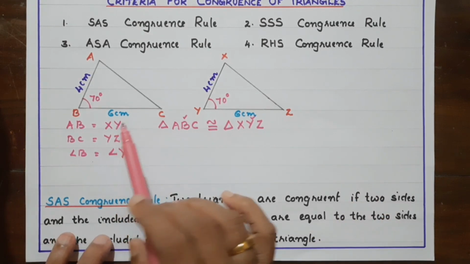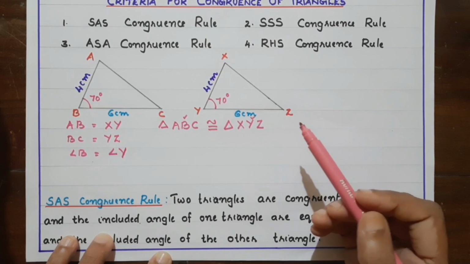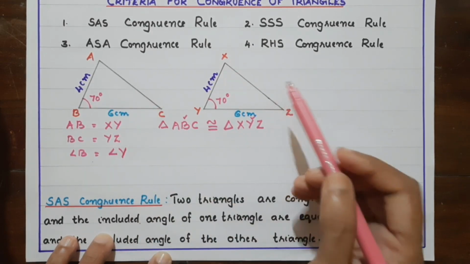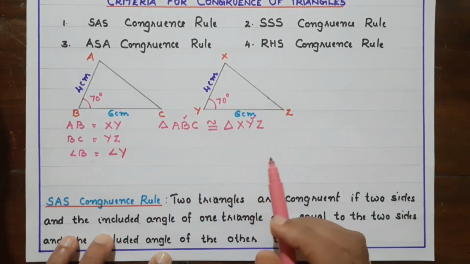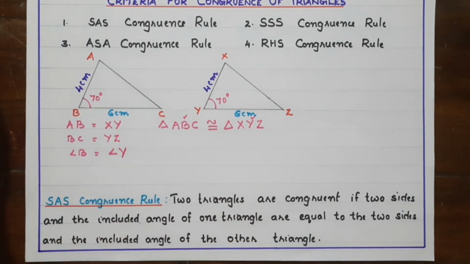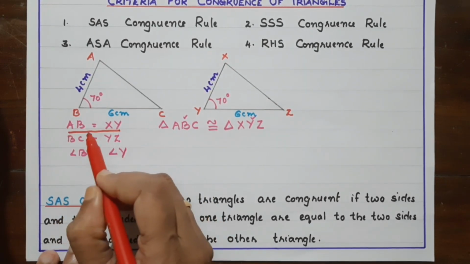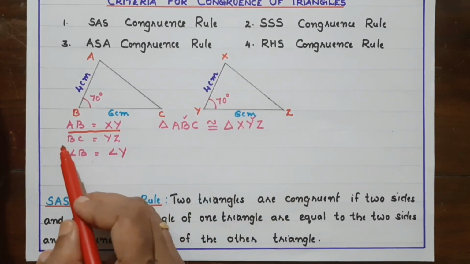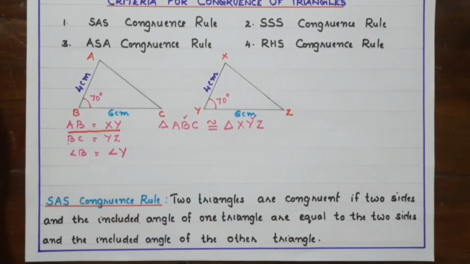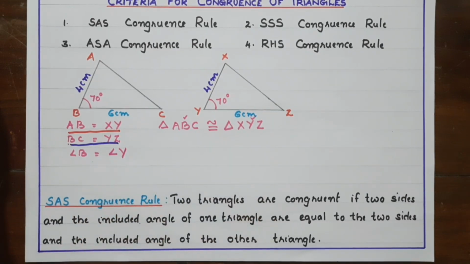Here I said if 3 measures like this are equal, automatically the remaining sides and remaining angles will also be equal. Here, what are the sides we have taken? We have taken AB and XY. Okay, AB and XY. Then BC and YZ we have taken.